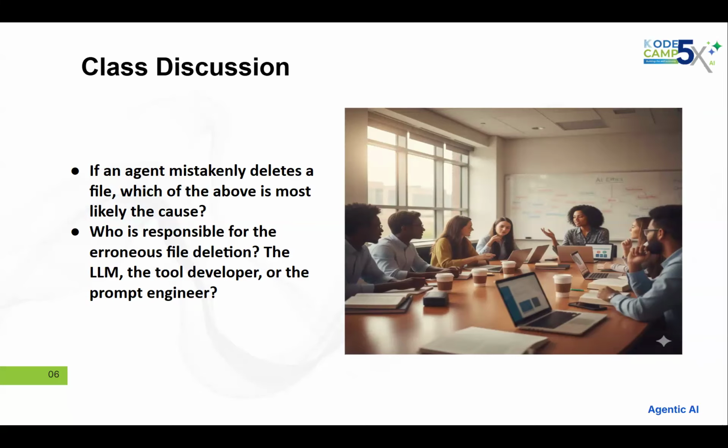Which developer in this case? The developer of the tool that the agent called, or the developer of the agent, or the prompt engineer? I'm referring to the developer of the tool.